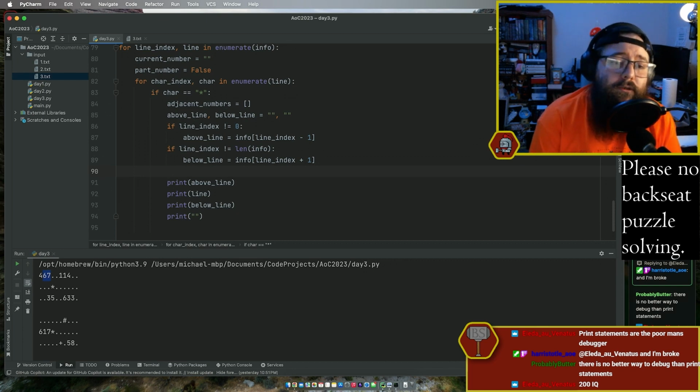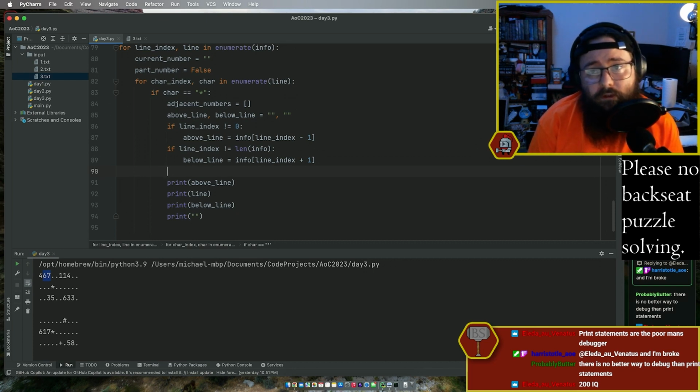Need to look at the character that touches the asterisk and look for an accurate number.